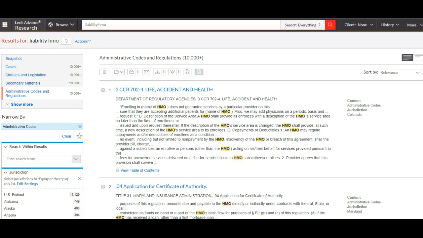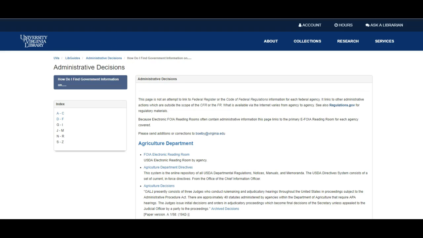So at least for federal, I prefer this University of Virginia Administrative Decisions Research Guide. If you remember Research Guide Administrative Decisions on Google, you're likely to get here.